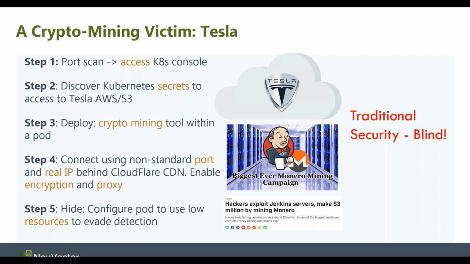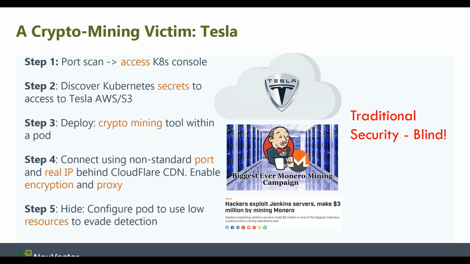They just enabled the firewall port, but unfortunately, the IT admin forgot to set a strong password. It was still using the weak default password. This issue was quickly identified by some hackers because they just use regular port scanning. They could find that Tesla's Kubernetes console was open to the public, and they logged in with just the default password.